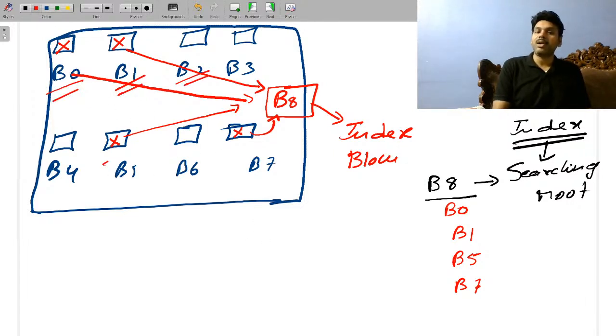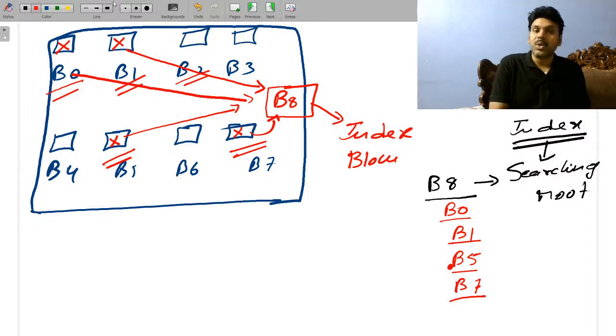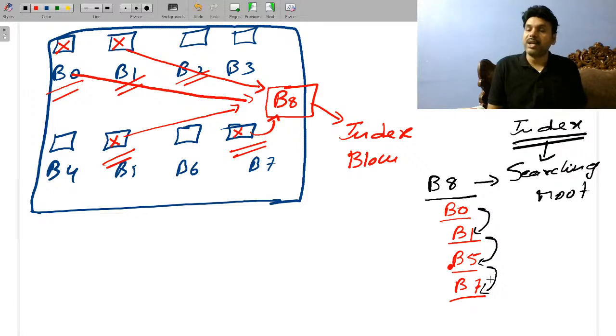Don't worry about your links. Links are taken care of by your index only. So your index consists of your linking information, how your blocks are going to be linked to others. So for B0, after that it goes to B1, B5 and B7. This kind of headache is taken care of by the indexing concept.